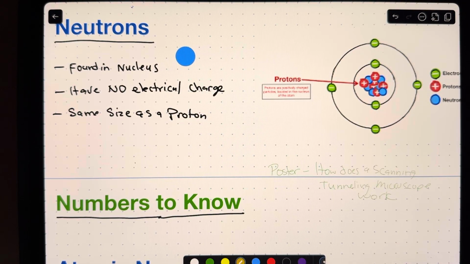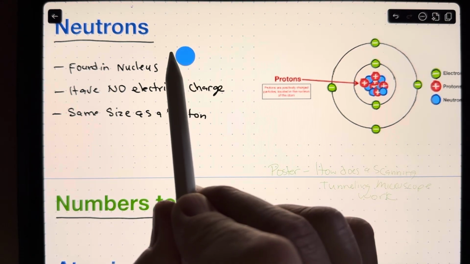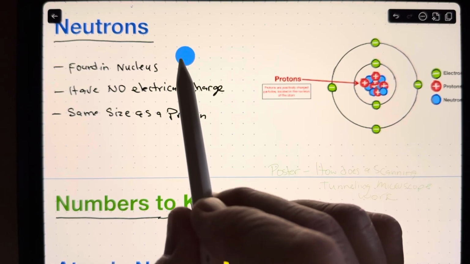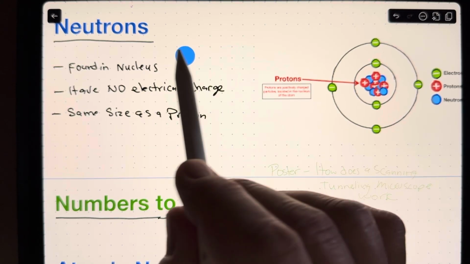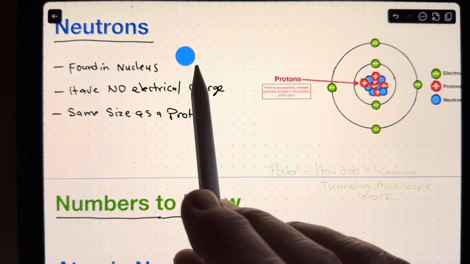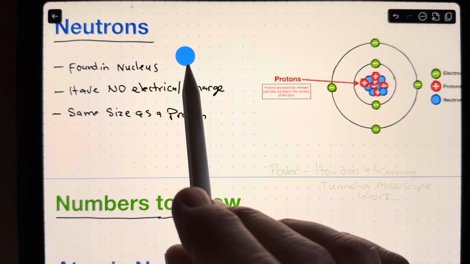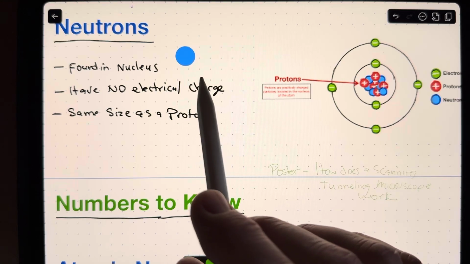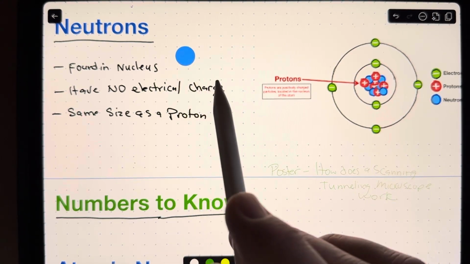If a country doesn't take sides in a war, it's called neutral. Well, neutrons, you'll notice, don't have a positive electrical charge or a negative electrical charge, and it's neutral. It just kind of sits there. I think, to me, it just adds weight. I don't know any other part about it, that it just adds weight.